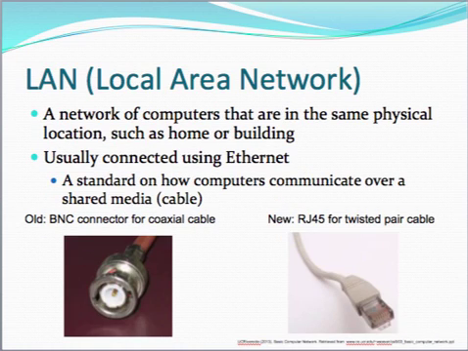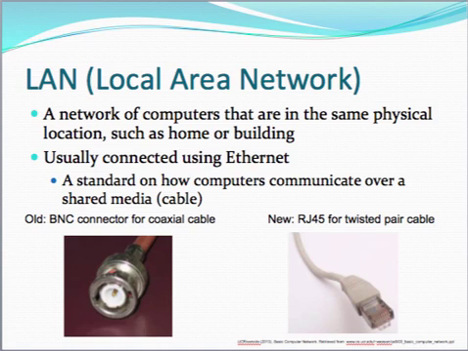Local area network. A network of computers that are in the same physical location, such as a home or building. And we can build a local area network that may be wired or wireless. LANs are usually connected using Ethernet, a standard on how computers communicate over a shared media with a cable.